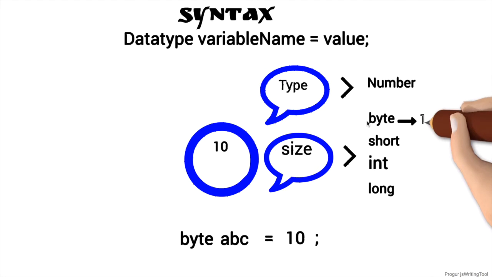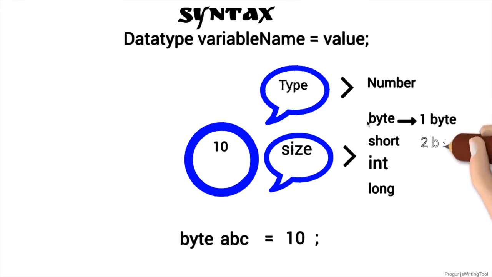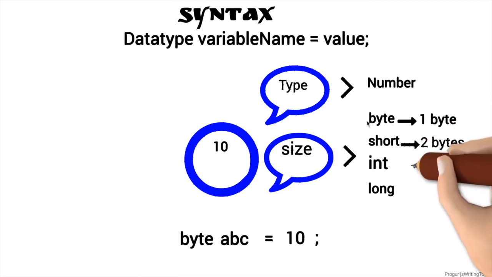The byte takes 1 byte of memory. So if you want to store something using the byte data type, it's going to take 1 byte of memory. As you know, 1 byte equals 8 bits, so it's going to take 8 bits or 1 byte of memory.